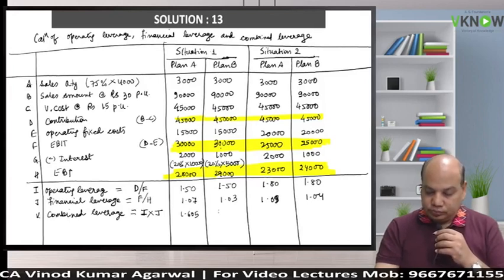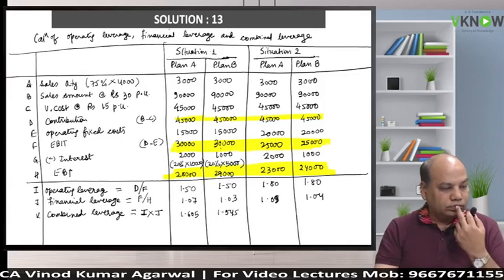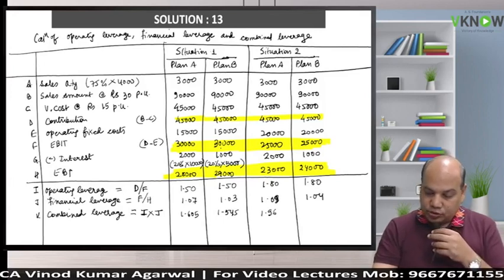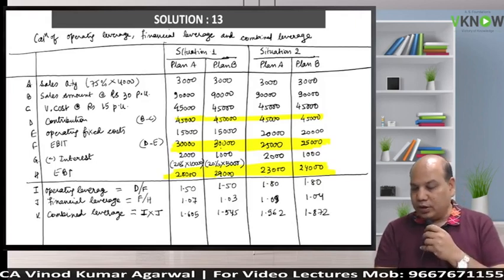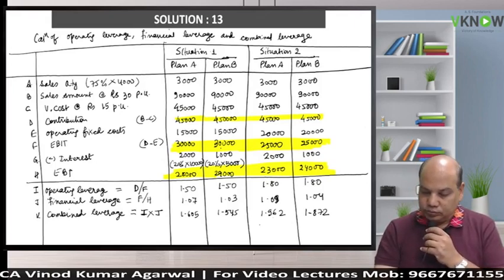Sir, 1.545. Sir, 1.962. Sir, 1.872. Identify which is the highest combined leverage. Sir, 1.962. Situation 2 plan A is highest.